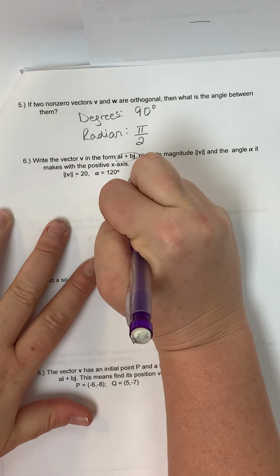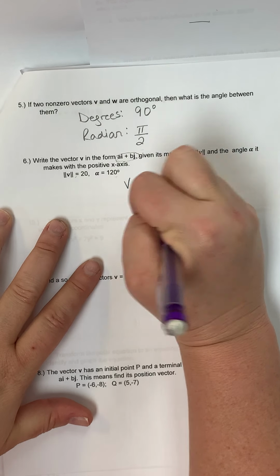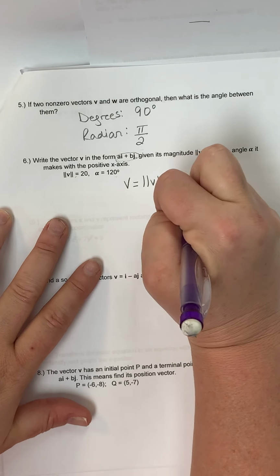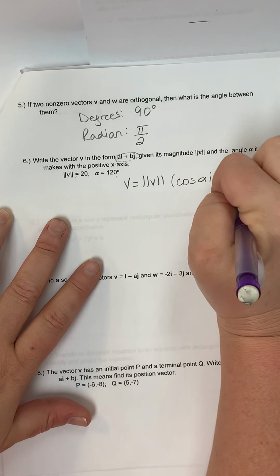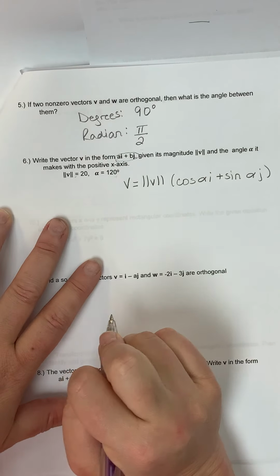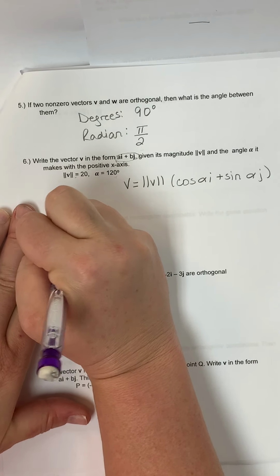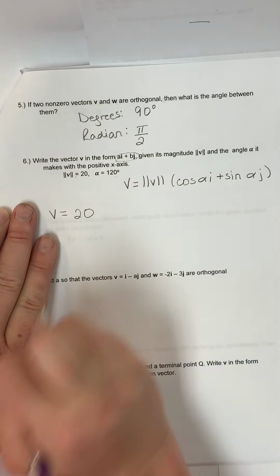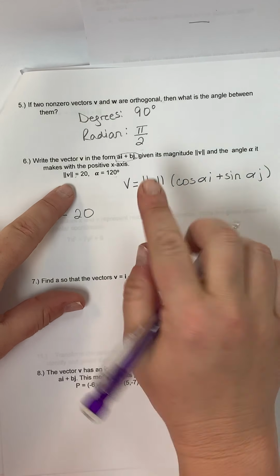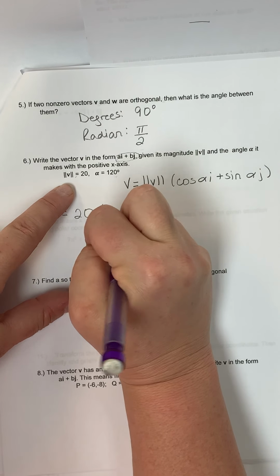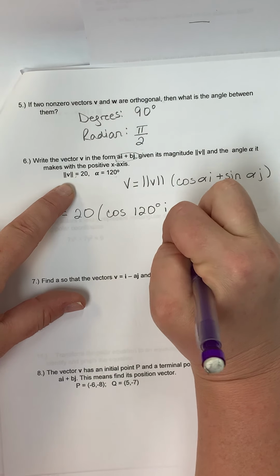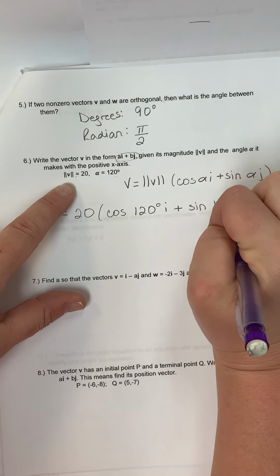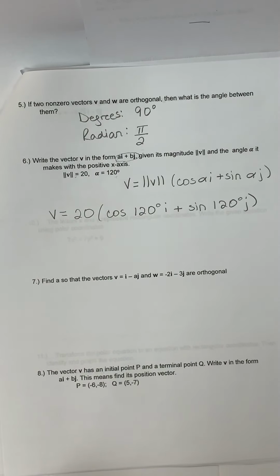Okay, what you're looking for then is this formula, the magnitude times cosine alpha I plus sine alpha j. Okay, so we're looking at 20, that's our magnitude, I'm just plugging in here. Cosine 120 degrees I plus sine 120 degrees j.